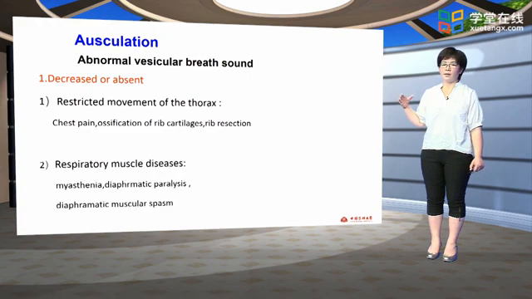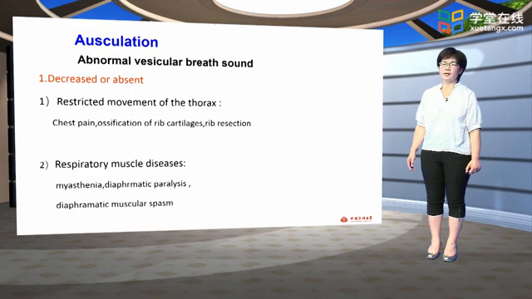So they have restrictions, or some ossification of rib cartilage or rib resections. If they have trauma and chest pain, they need to restrict movement of the thorax. So when you do the auscultation, it's decreased.